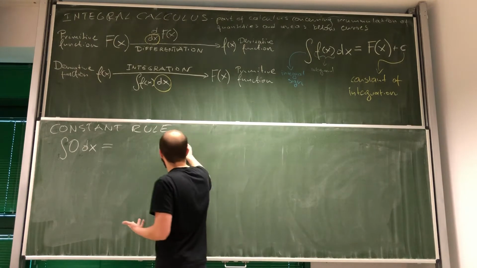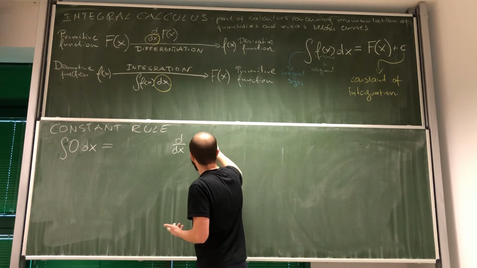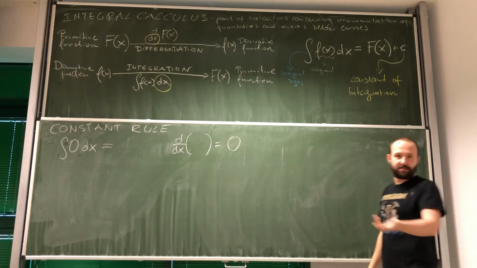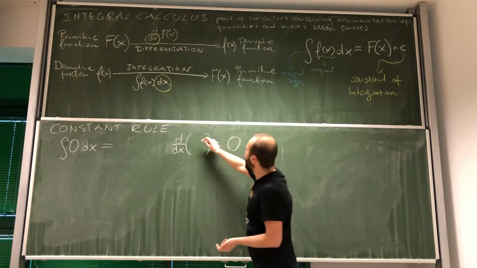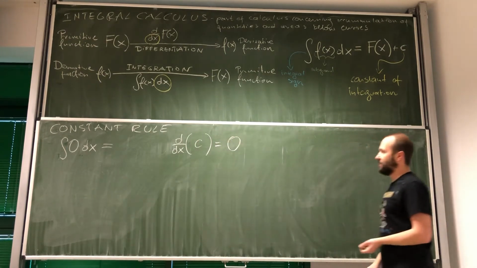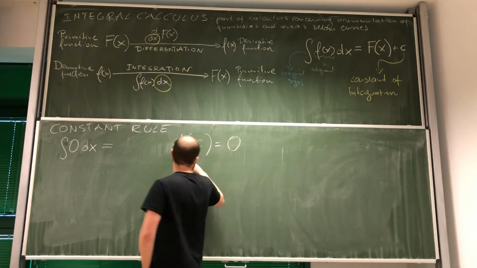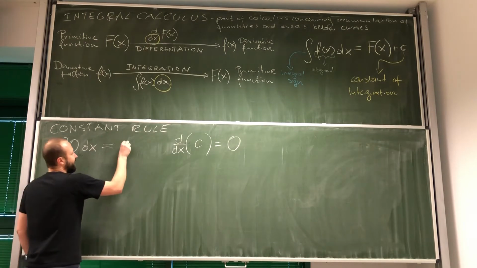So what expression do I need to differentiate to get 0? And the answer is very simple. It is a constant, right? Any constant differentiated is equal to 0. So over here, we will have just c.